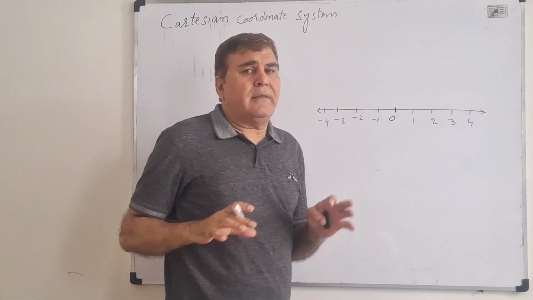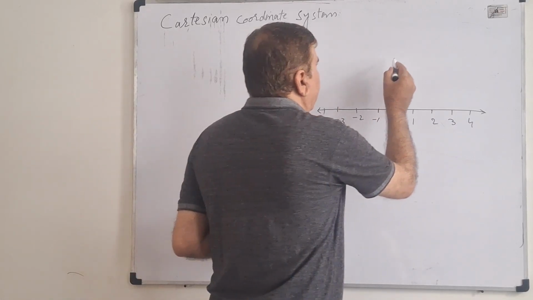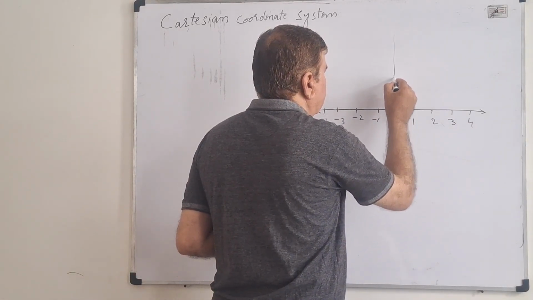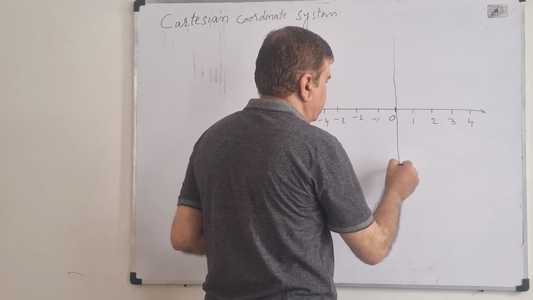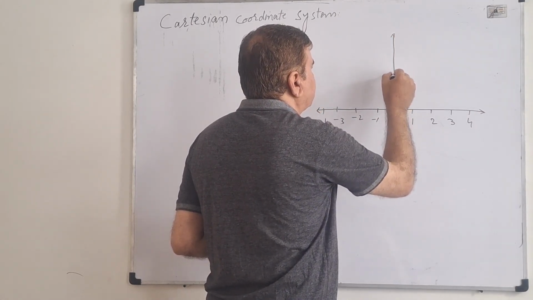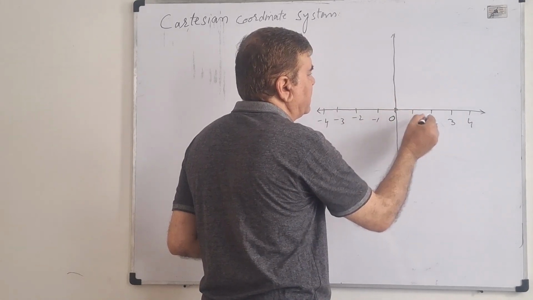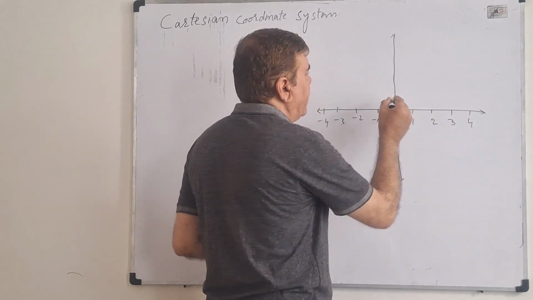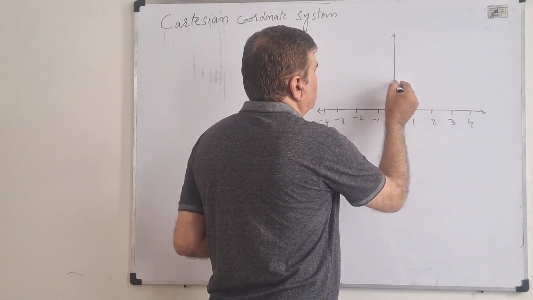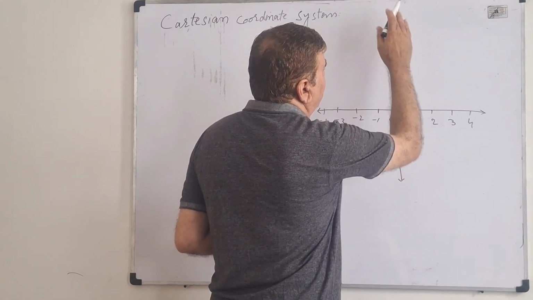Then we take another real line perpendicular to this real line and draw it like this, in such a way that the 0 of this perpendicular or vertical line exactly coincides with the 0 of the horizontal line, and the positive values of this real line are above, in the upward direction.